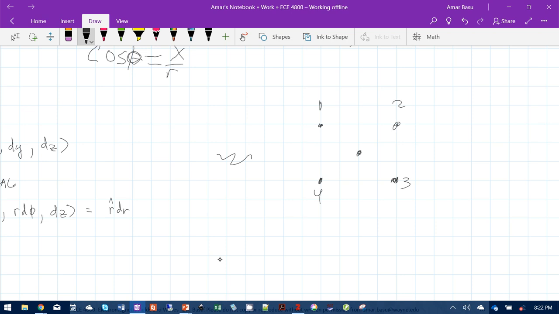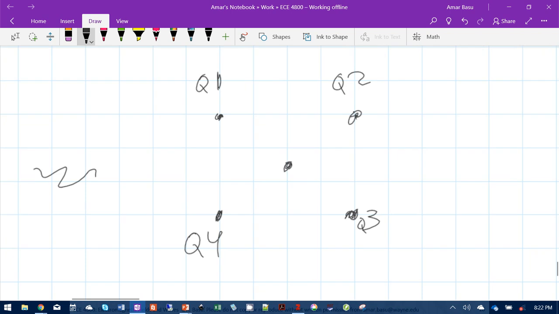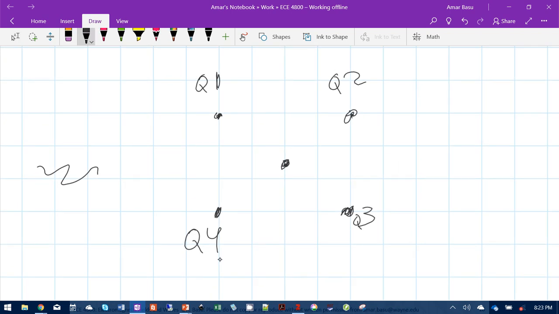So if this is charge 1, we'll call this Q1, Q2, Q3, and then Q4. What's the electric field going to be at this point due to Q1? Which direction is it going to point? Downwards and to the right. Yeah.